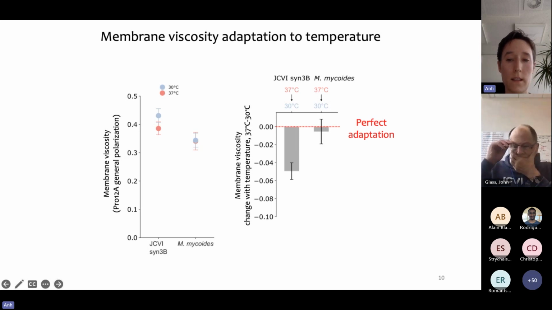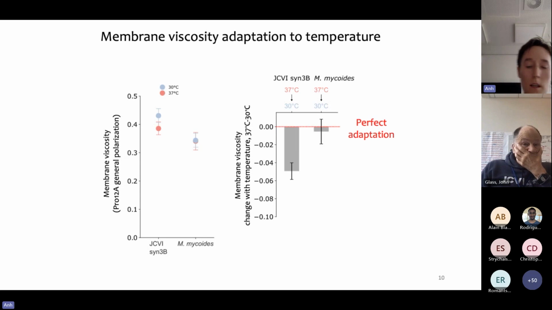So for Mycoides, it's pretty much the case, while Syn3B seemingly does a worse job in maintaining its membrane viscosity in a narrow range at lower temperature. Seeing this result, we asked ourselves, what are the lipidomic components behind this observation? What is it that makes Syn3B adapt a little worse than Mycoides does at 30 degrees?